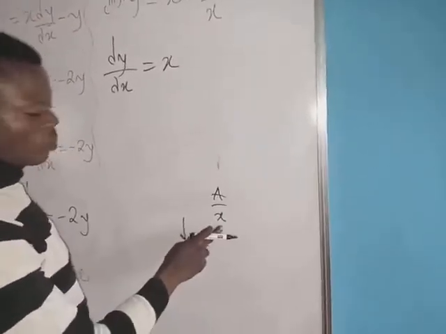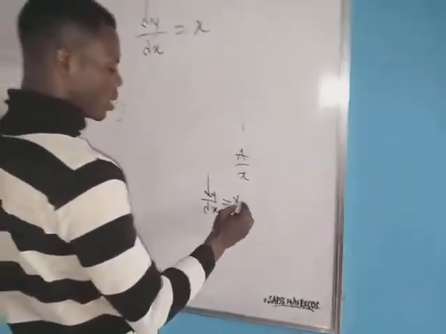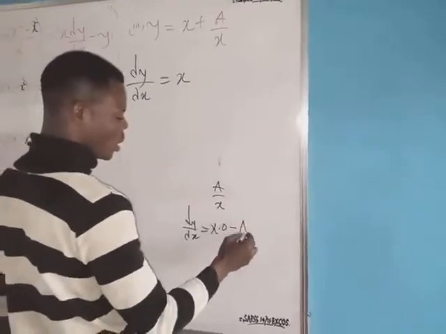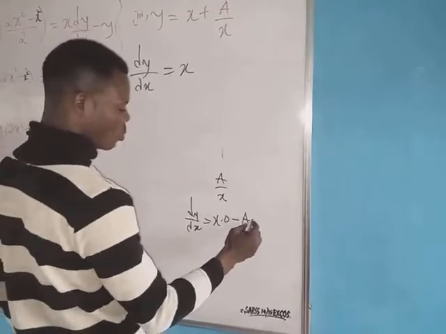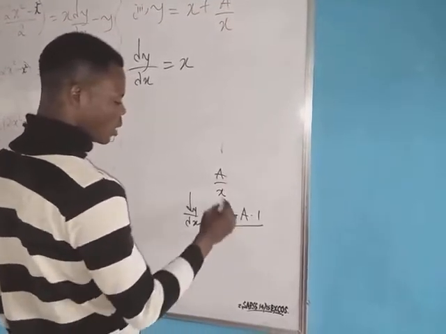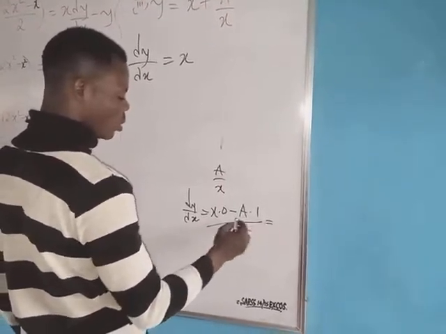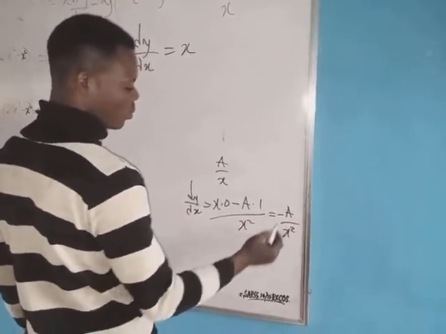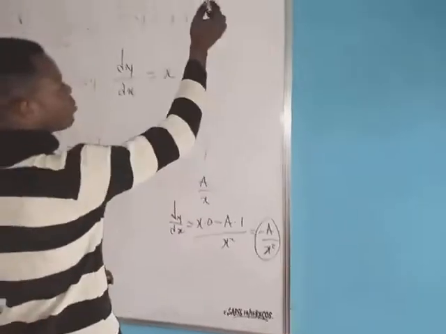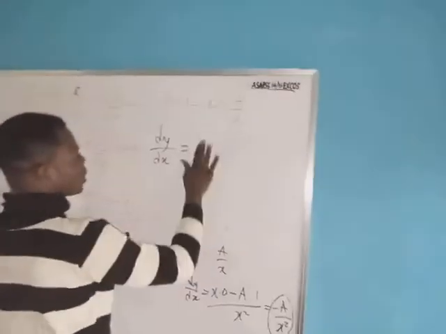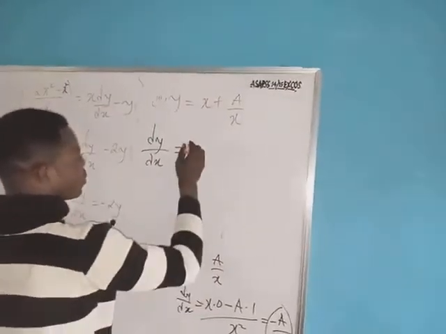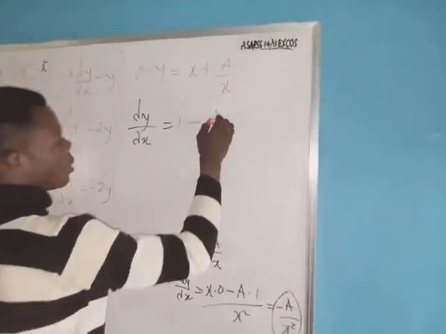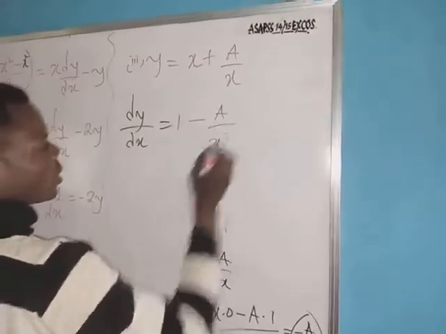You put down the bottom, which is x, differentiate the top, 0, minus put down the top, which is a, differentiate the bottom, which is 1, then you square the bottom, x squared, and this will give us minus a all over x squared. Therefore, the derivative is going to be 1 minus a over x squared.